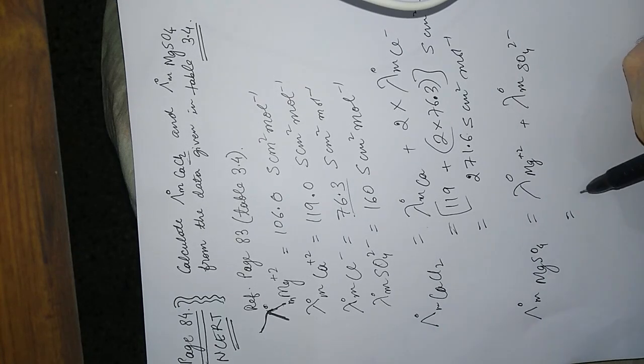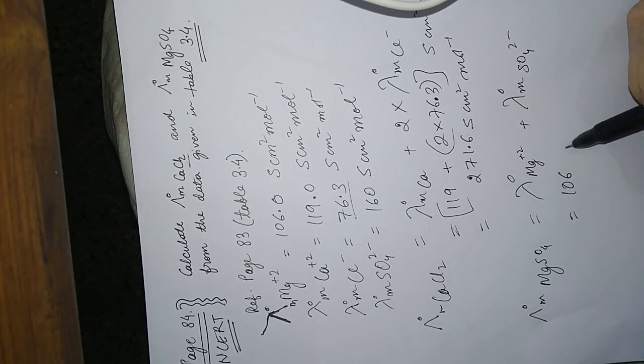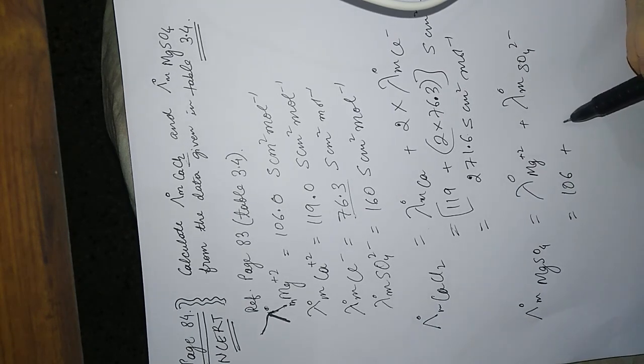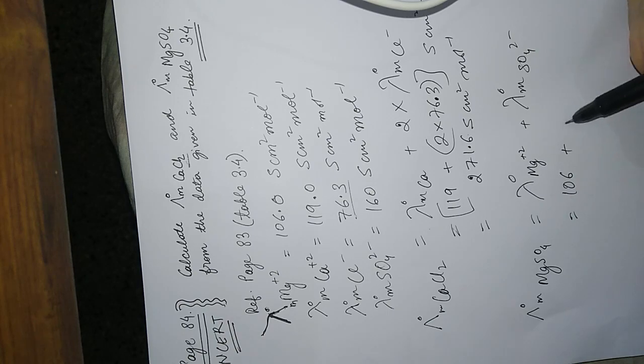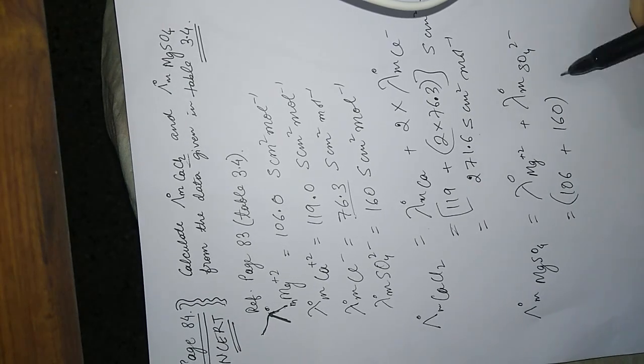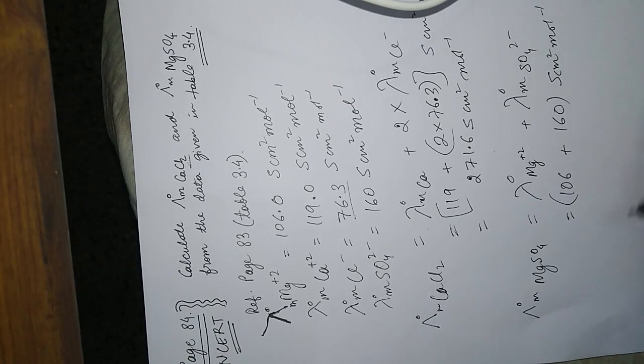This value will be equal to, as per the table, 106 plus 160, and the unit will remain the same, Siemens centimeter square per mole.